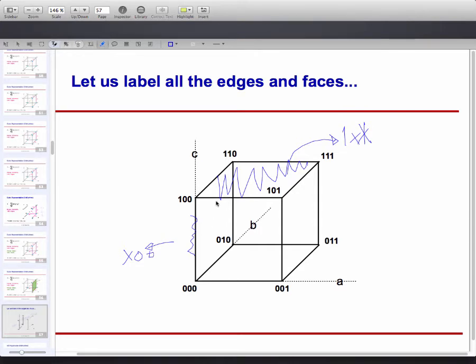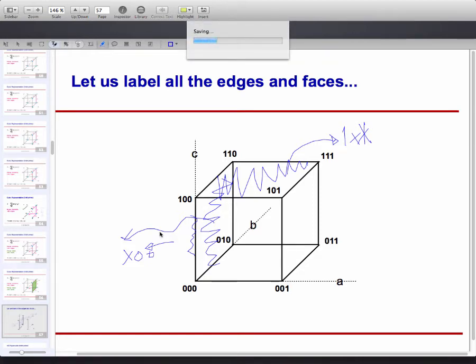What about this face, the left face? So, x 0, right? A is 0, the other two dimensions are changing. So that face is going to be x 0.